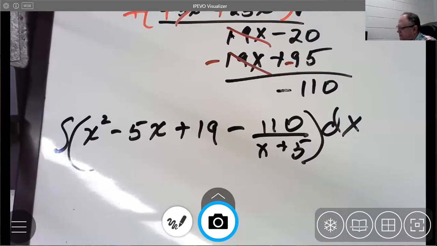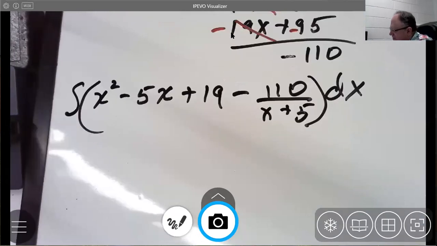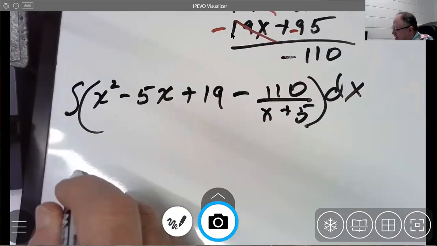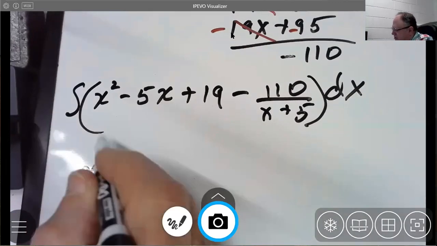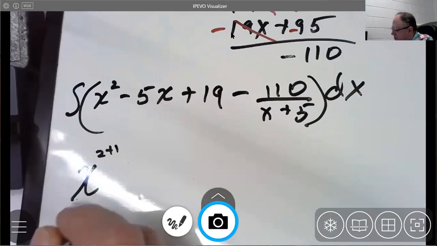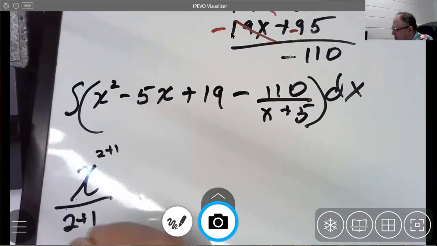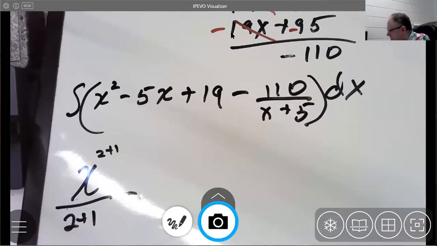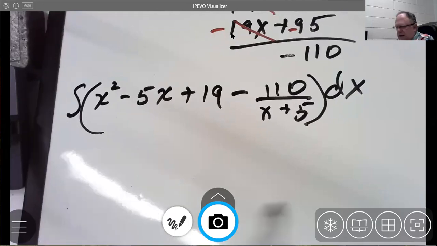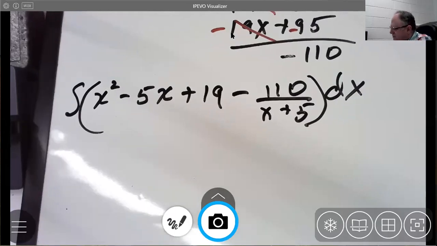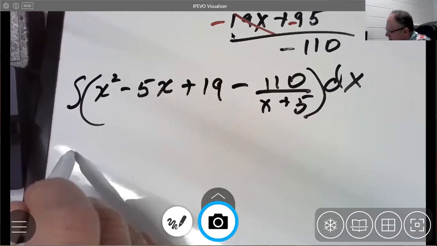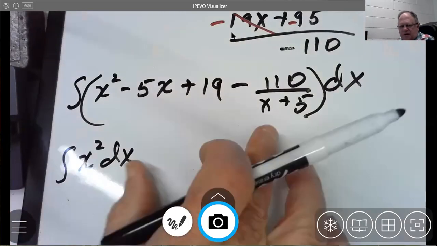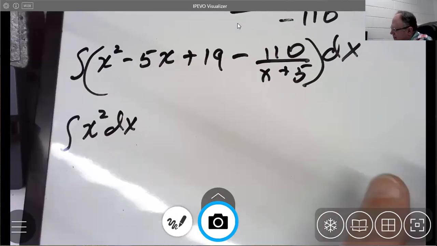And so from here, this will be x to the 2 plus 1 over 2 plus 1, minus, so actually, before we do that, let's split this. So this would be the integral of x squared dx. So we're going to split this into separate integrals.